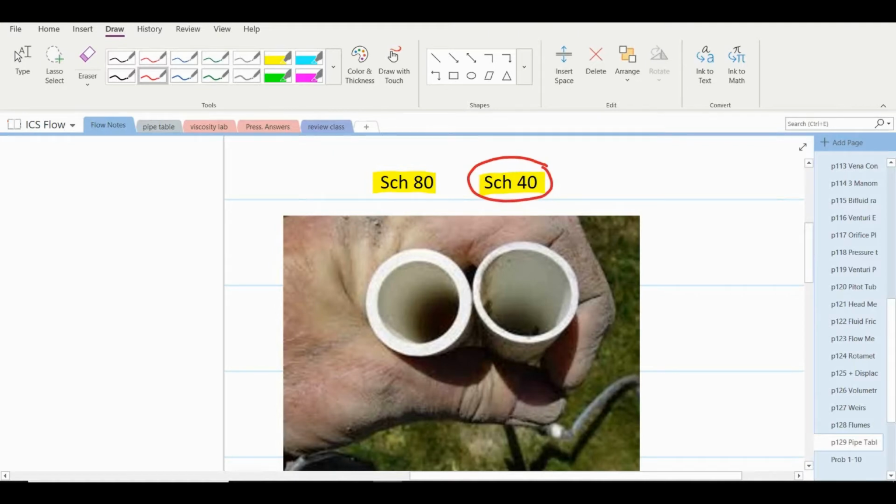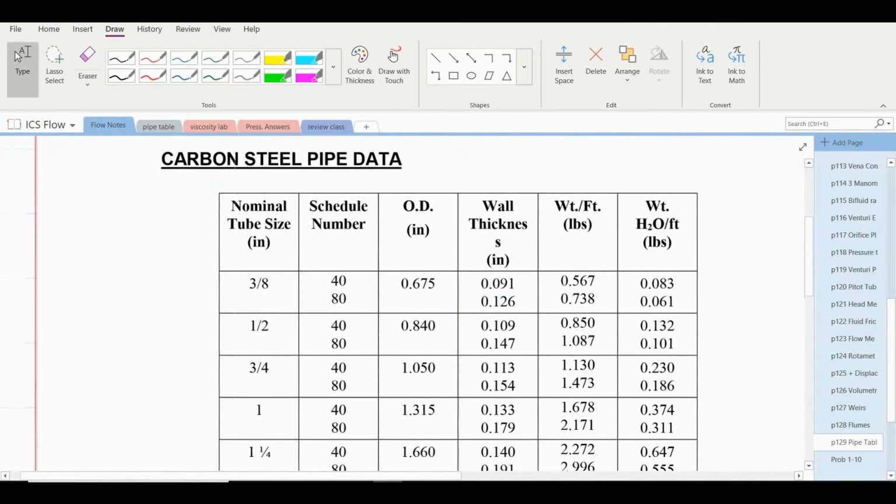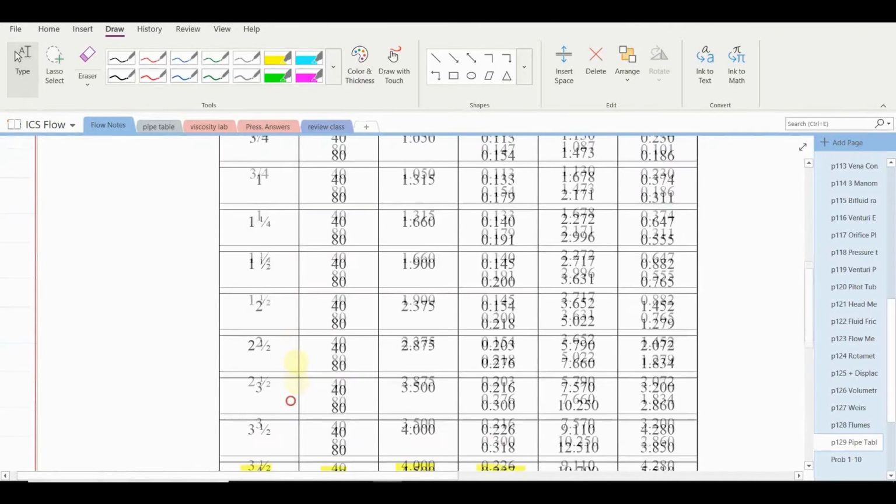There are in fact 11 schedule numbers ranging between 5 and 160. Schedule 40 is standard wall thickness. Schedule 80 is double wall thickness, as shown here for higher pressure applications. Referring to the table, we find the nominal size. We want 4-inch.